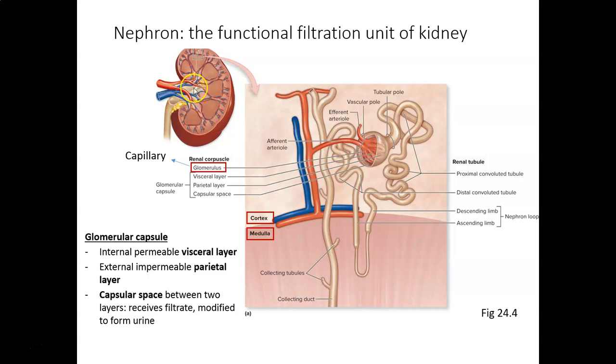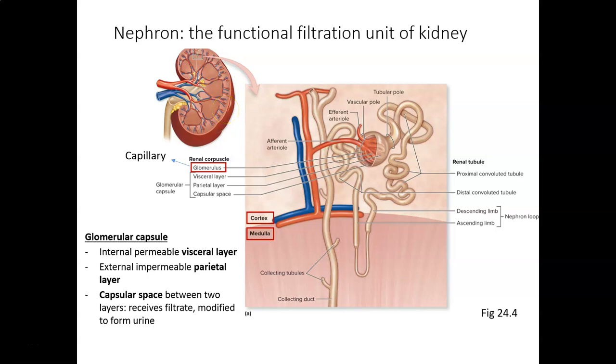It's also where the ureter collects urine from kidney. You can see throughout the kidney, the arteries and veins travel together and branch out, providing the blood circulation to the kidney.